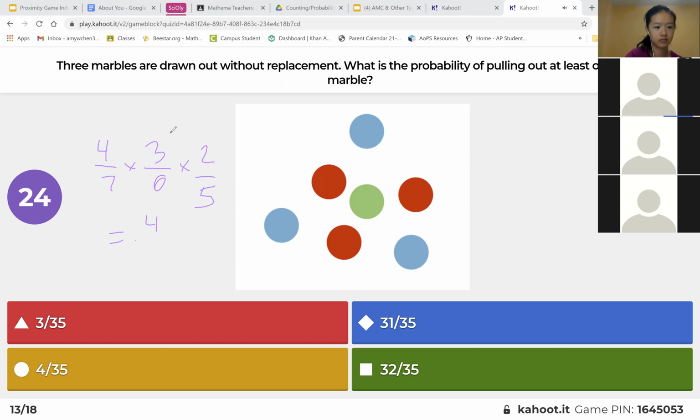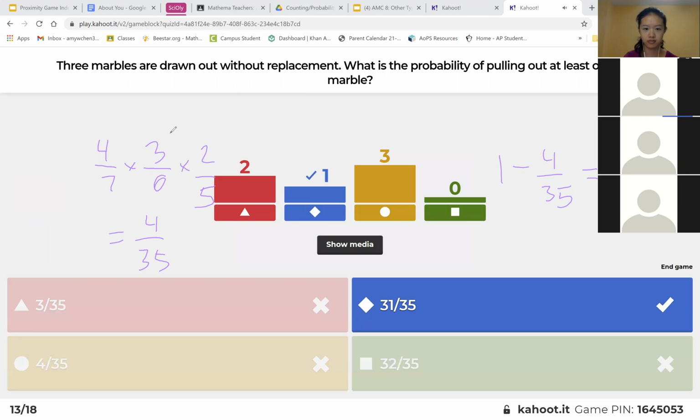What's 2/7? I know the answer is 2/7, but it's not on there. Oh, only one person got it right.